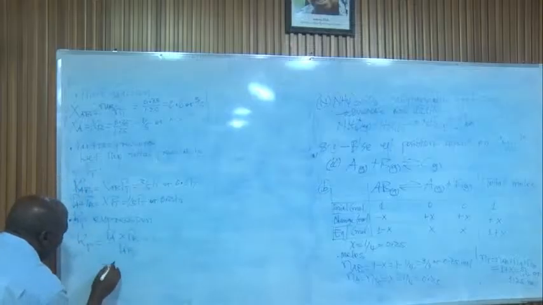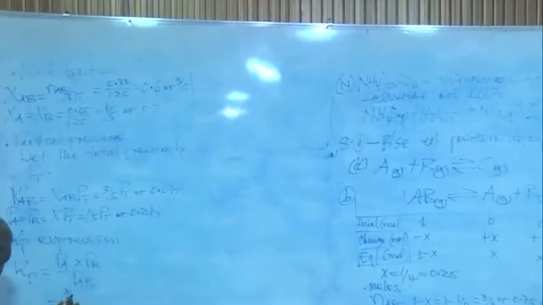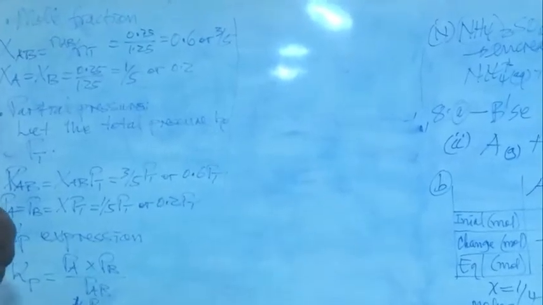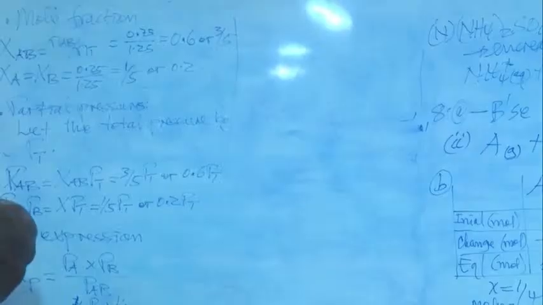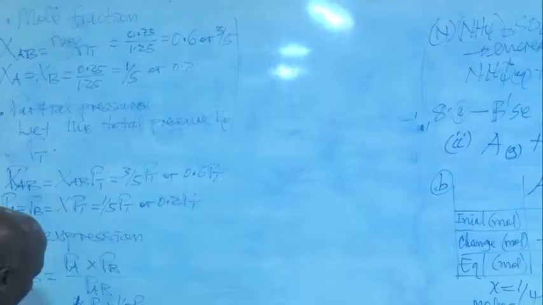So this is equal to 1 over 5 Pt times 1 over 5 Pt, divided by 3 over 5 Pt.